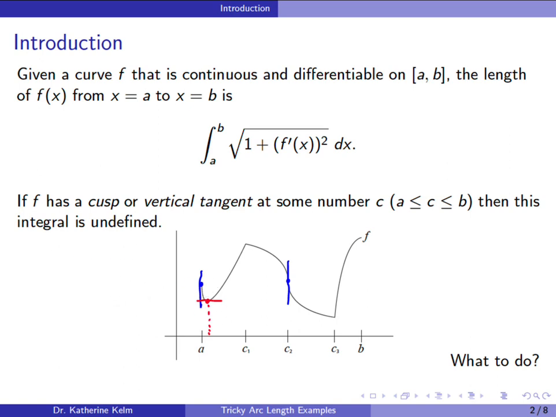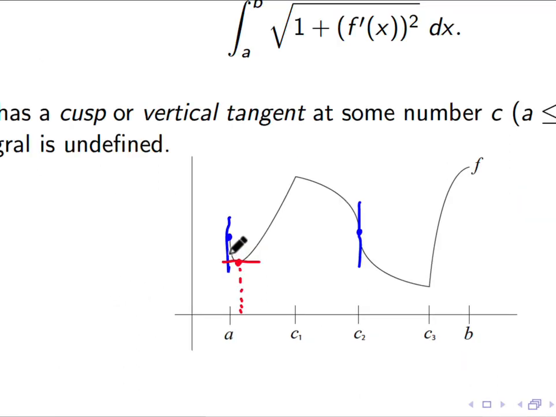For instance, just to zoom in, we could take just this little piece stopping short of our horizontal tangent here. Maybe we can call this D. This little piece from A to D we could rewrite.